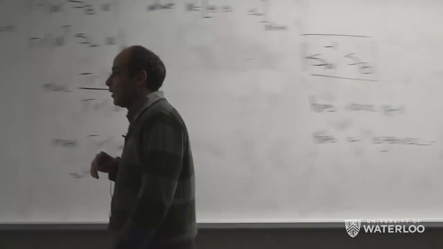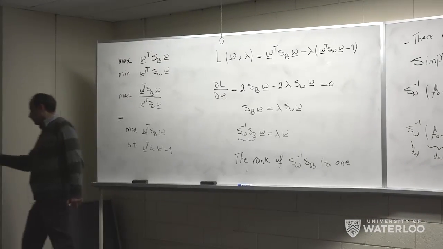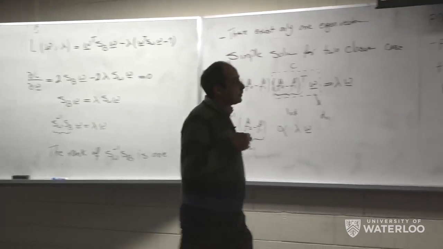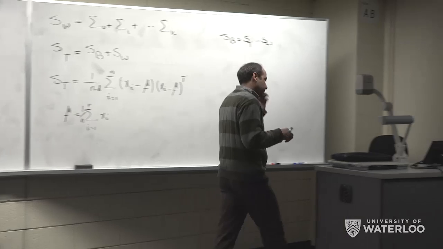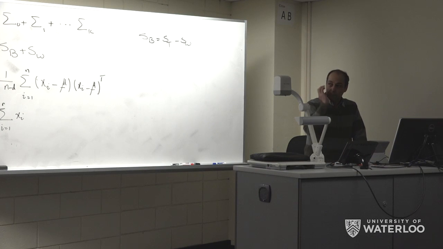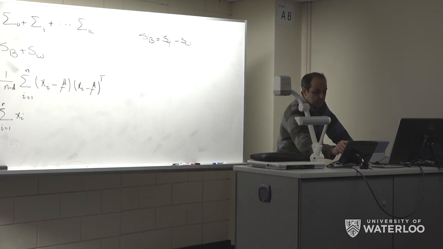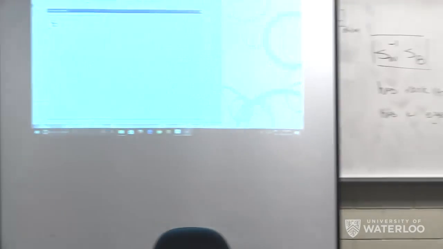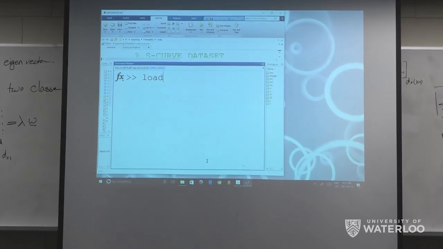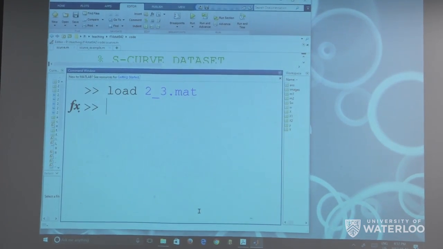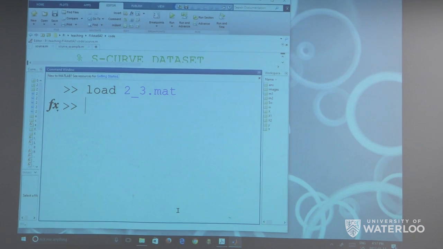Okay, let me show you an example. This is a data set of handwritten images, 2s and 3s.